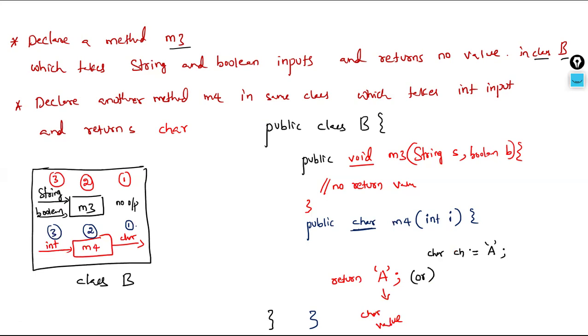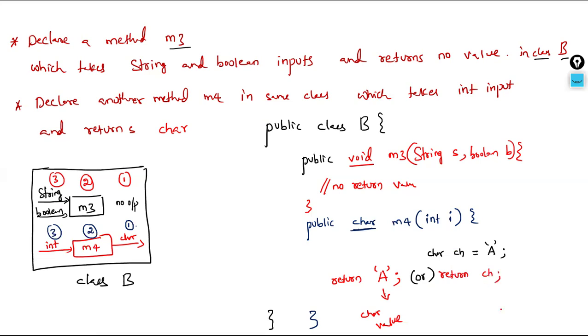This is what we discussed in data types. Now, since the return type of the method is character, we must use a return statement here also. In the previous approach, we used a value to return directly. Now, in this example, I am using ch to return. Is it a value or a variable? Then should we enclose that in single quotes or double quotes? No. This is a char variable.